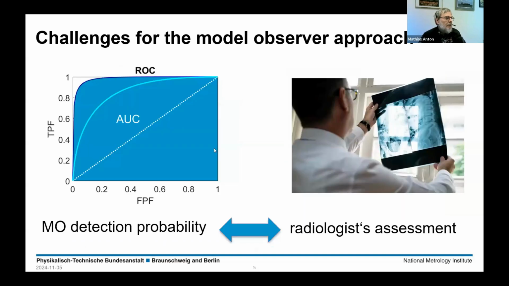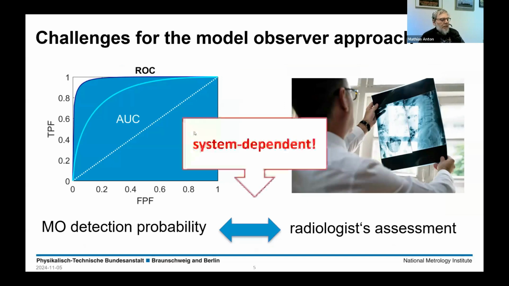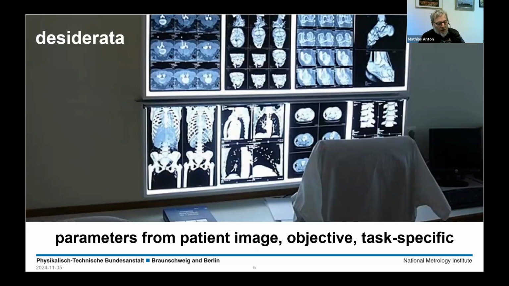And finally, the relation between the radiologist's assessment and the detection probability yielded by a model observer may be system dependent. But that's not quite sure. But nevertheless, one would like to have something in addition to the model observers and the low contrast detectability.